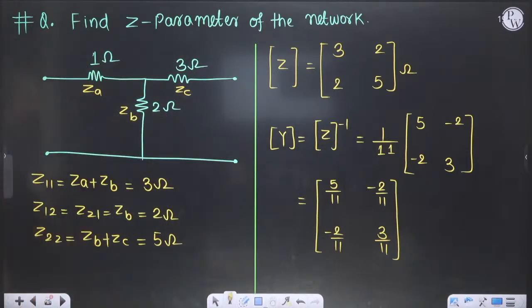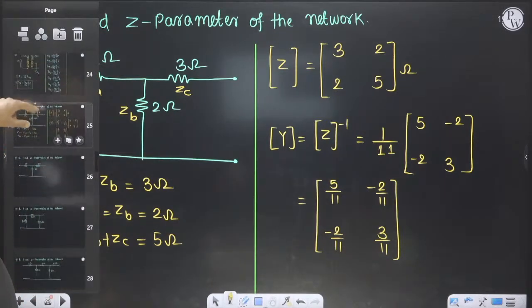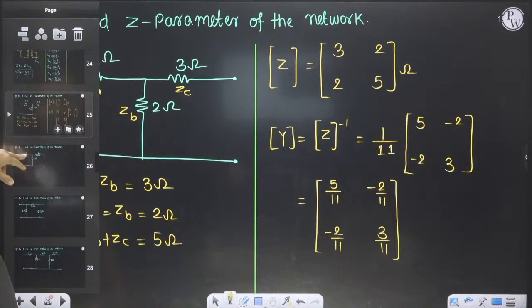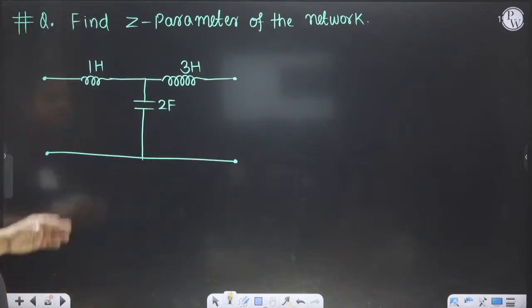So they may ask X parameter, they may ask Z parameter, or they may ask Y parameter. They may ask H parameter also. So for H parameter we have to derive the notation. So we will go through more and more questions like this. This is the question for Z parameter they are asking.